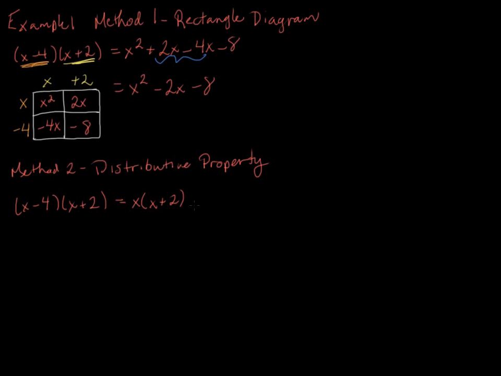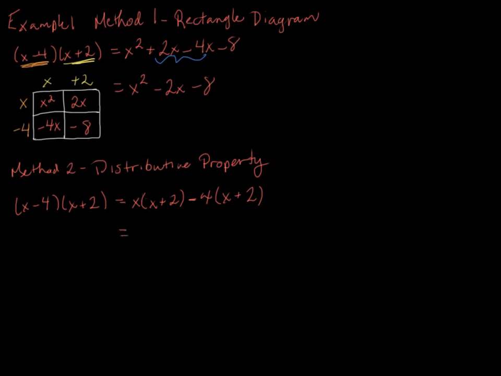Since we're adding a negative, I'm just going to put that minus sign there instead. Minus 4 times x plus 2. So that's the distributive property in a nutshell: the product of these two sums is the same as the sum of every product that you could possibly get out of this.